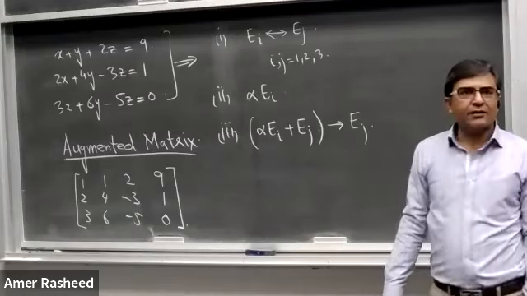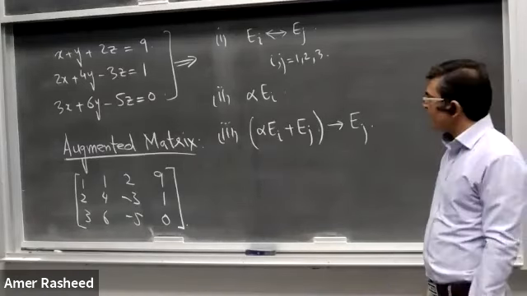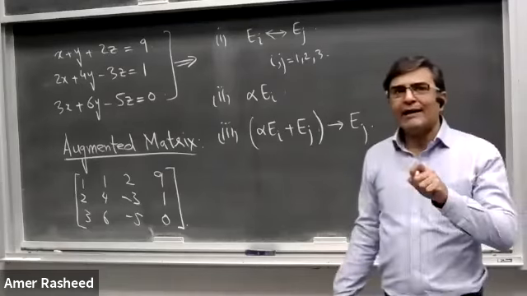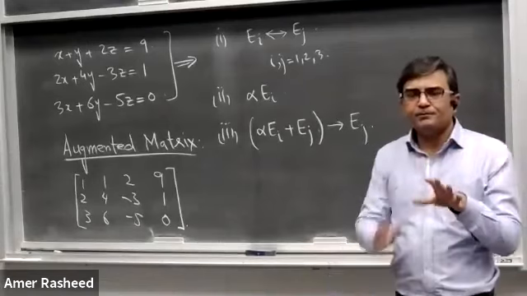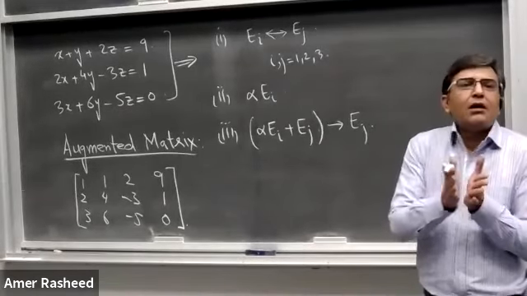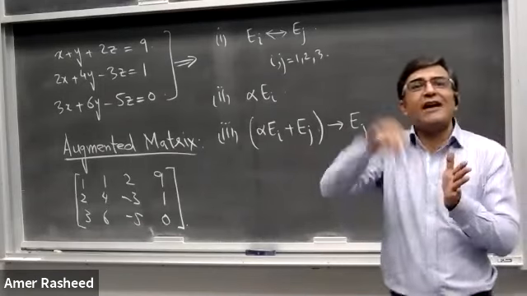I don't get your point. Can you please repeat it? Sir, if I want to change the first row, the first equation, instead of the second equation which you have represented by E_j, will I make it E_i? You cannot multiply an equation by some constant and add it into the same equation.